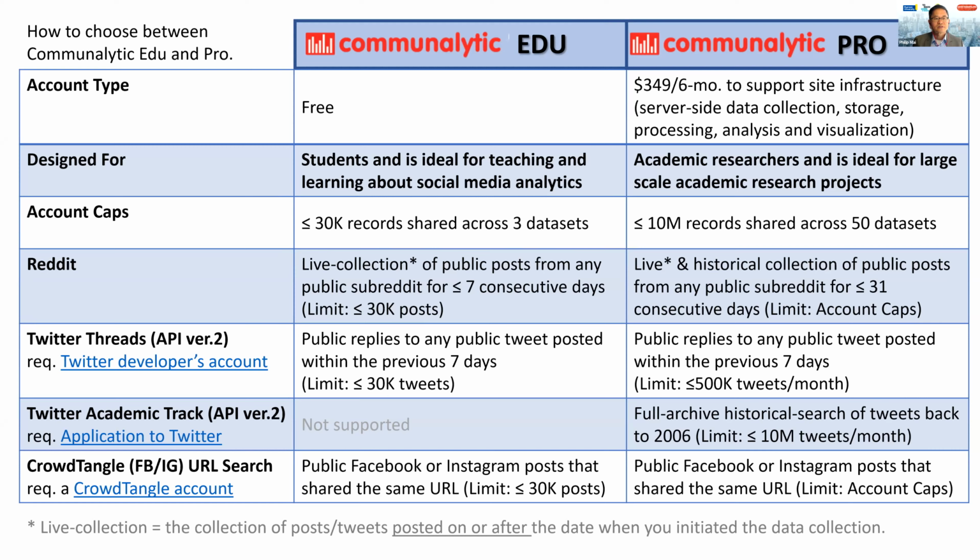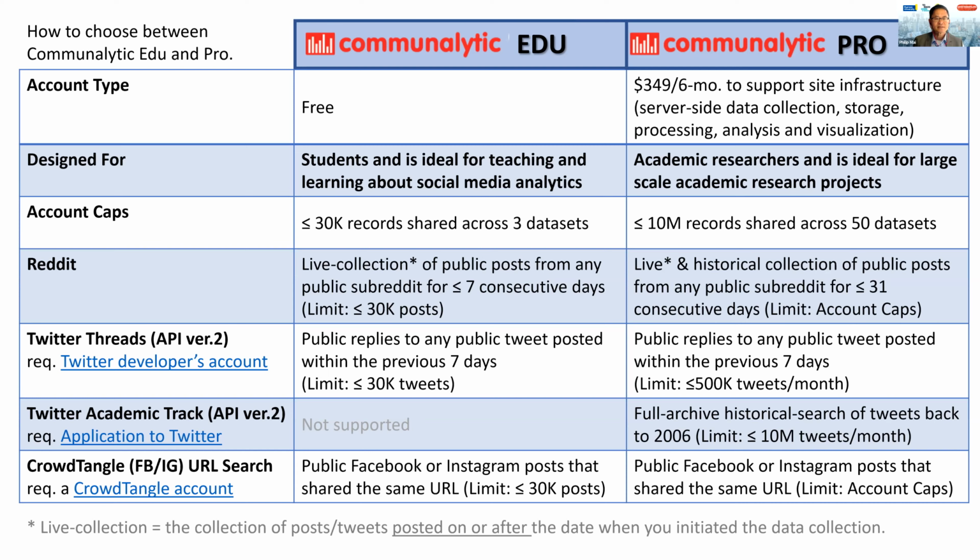So the free version is designed for students and it's ideal for teaching and learning about social media analytics. The Pro version is for academic researchers and is ideal for large-scale academic research projects. As you can see, the account caps are quite different, significantly different, actually. For the EDU, you can only have 30,000 records shared across 3 data sets. And with the Pro, you can get up to 10 million records shared across 50 data sets.